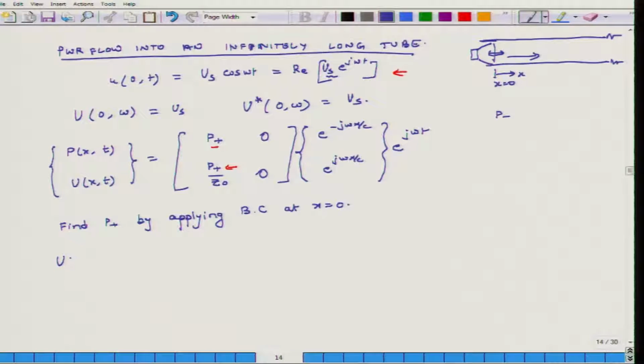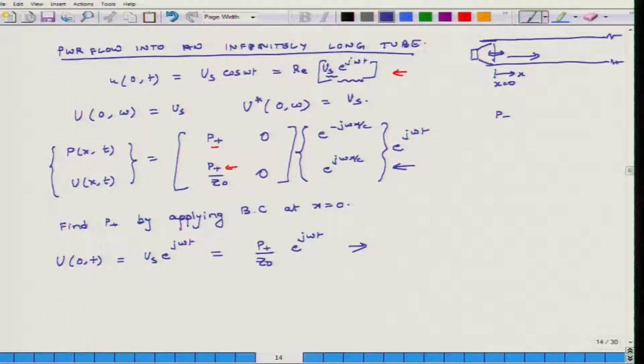The complex velocity at 0, t is equal to u_s e^(j omega t), and we find it from this relation. So, this is equal to P plus by z naught times e^(j omega x over c). I put x is equal to 0, so I just get 1 times e^(j omega t).